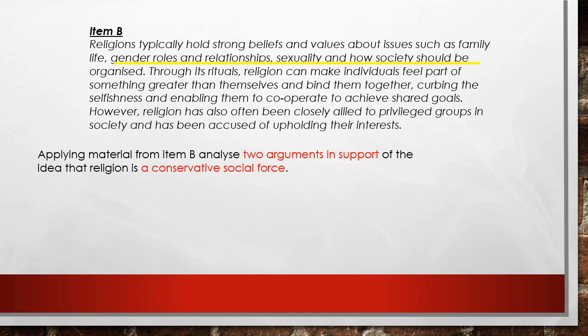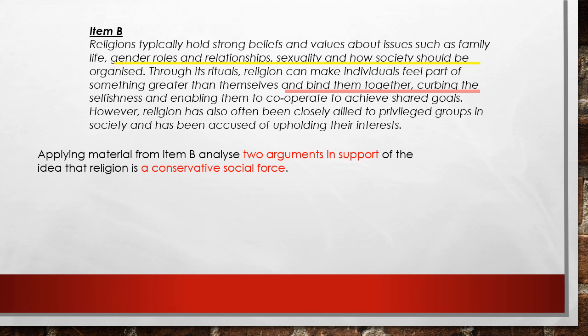So automatically, I'm thinking feminism, I'm thinking functionalism, I'm thinking Marxism. So before I even read the item, I'm trying to think, how are they going to link this? What's going to be in the item that is hidden, maybe semi-hidden, or it would be lovely if it's obvious.